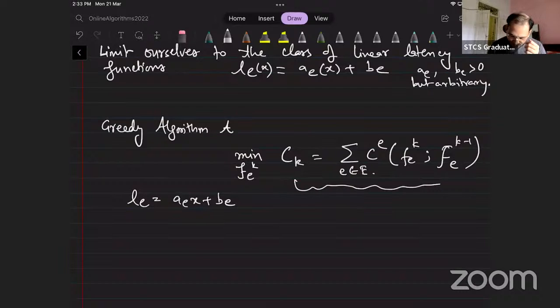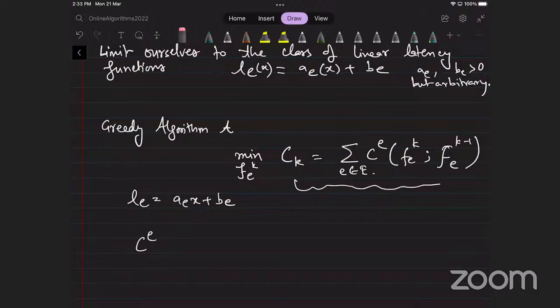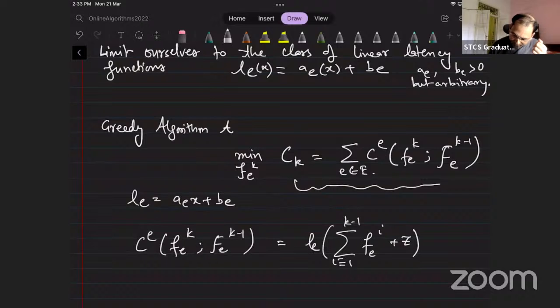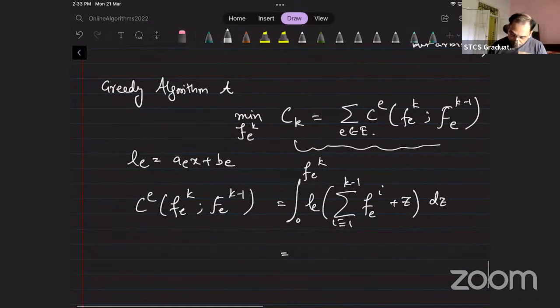When you integrate L_E, you get something like x square. Right. So what was C_E? Just to recall, what was our C_E of f_EK minus 1? Does anybody remember? This was the form, right? So now given that L_E is linear, what do I get?